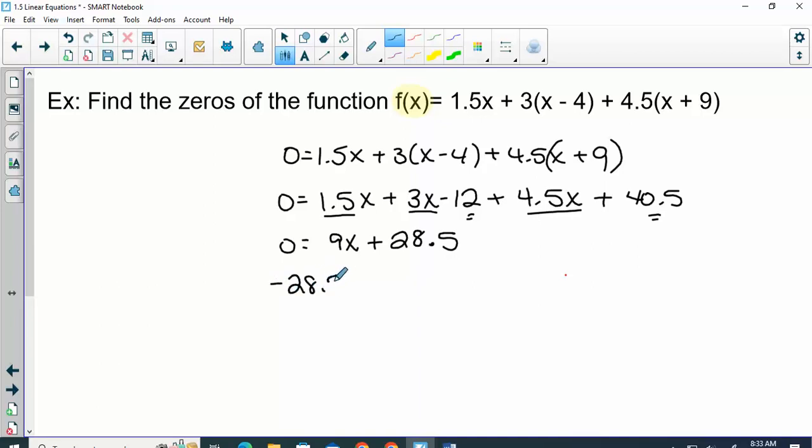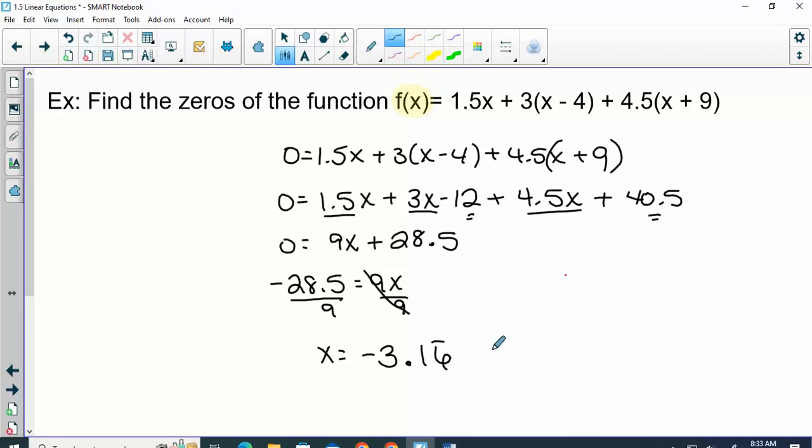subtract over the 28.5. Divide by 9. Three point one six three.